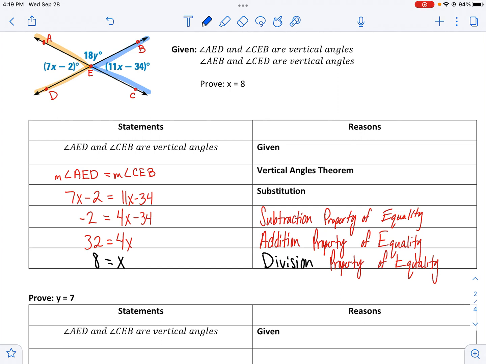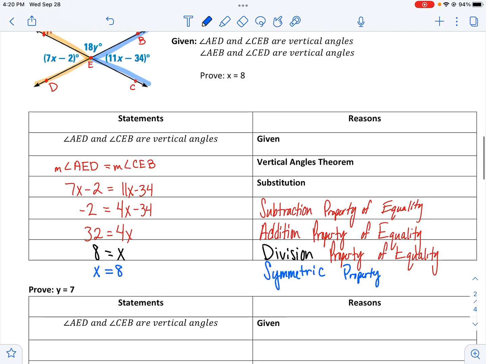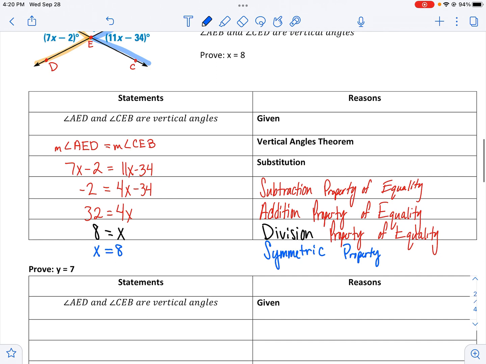That switch is allowed by the symmetric property. Students often get this confused with the reflexive property, but I usually think symmetric switches it, reflexive does not. So symmetric to switch, and I get x equals 8, which is exactly what I wanted.